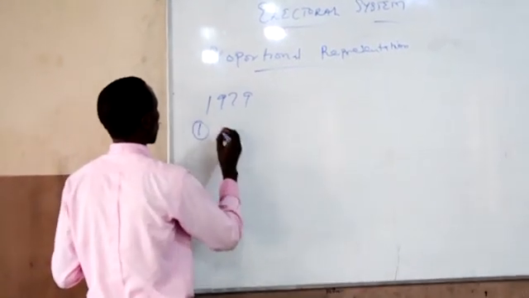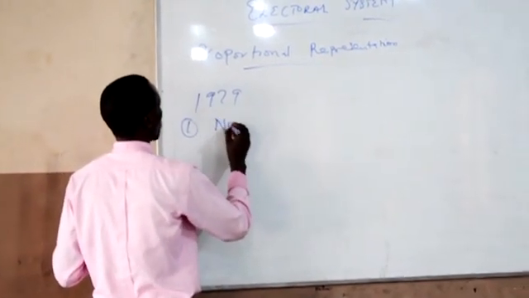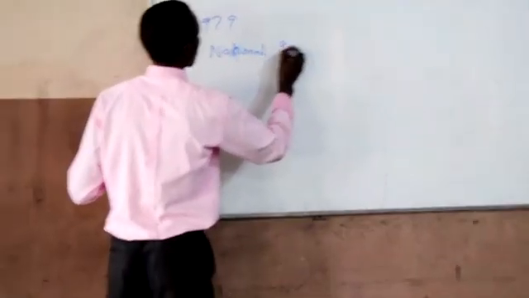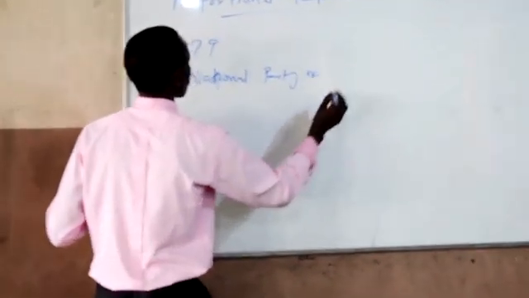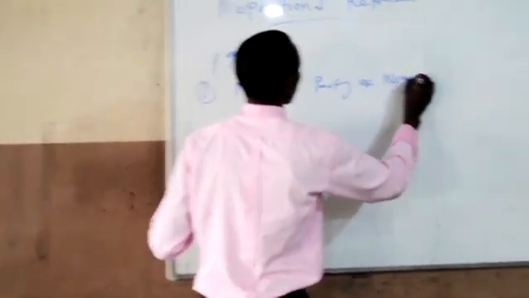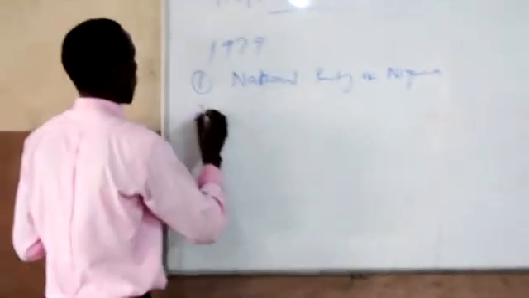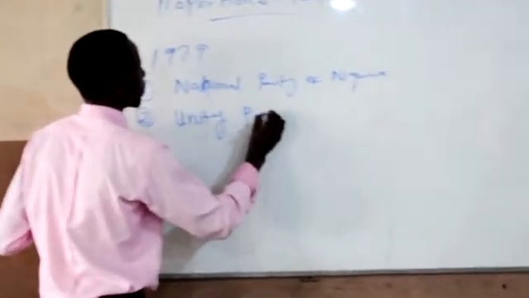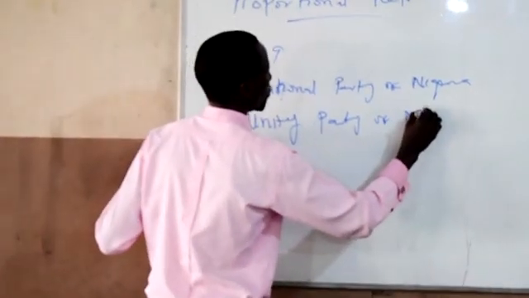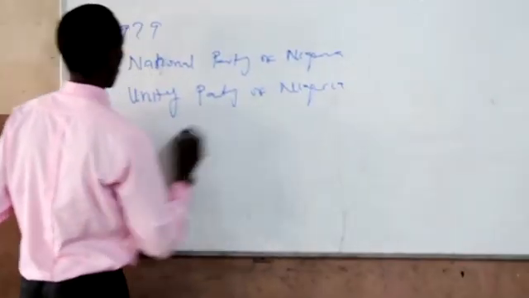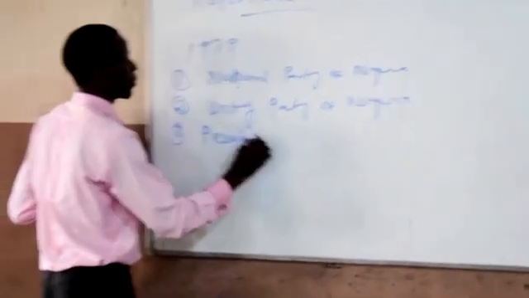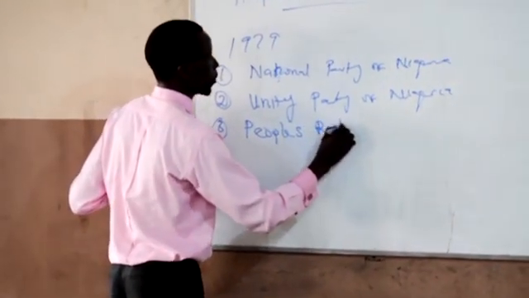The first one was the National Party of Nigeria. We have the Unity Party of Nigeria. We have the People's Redemption Party.